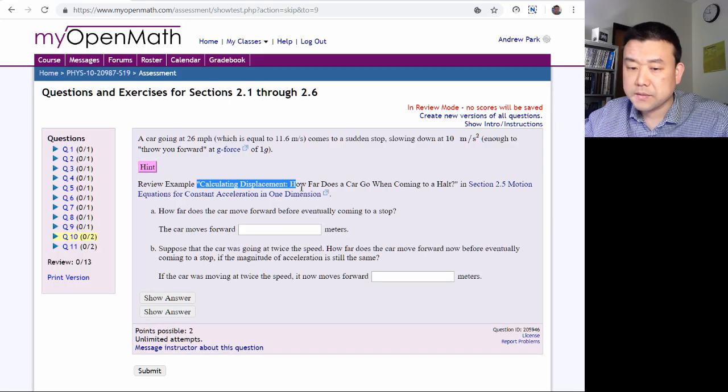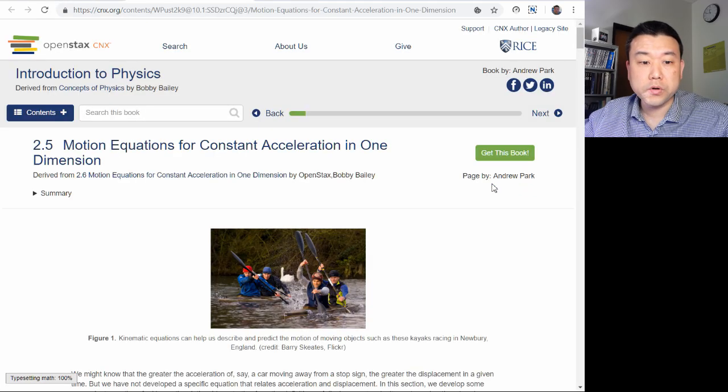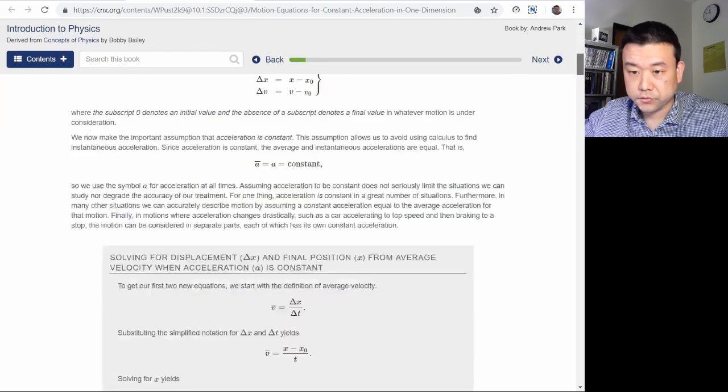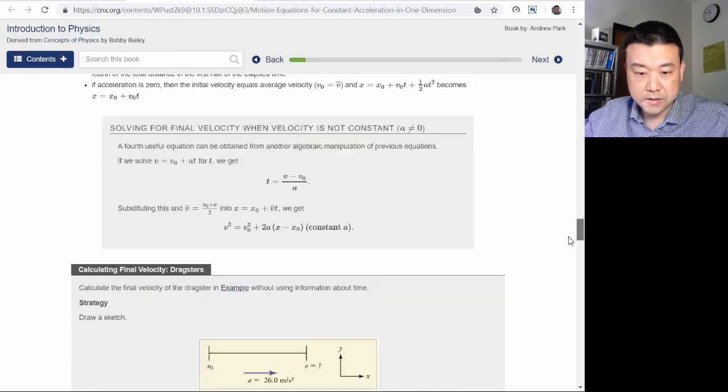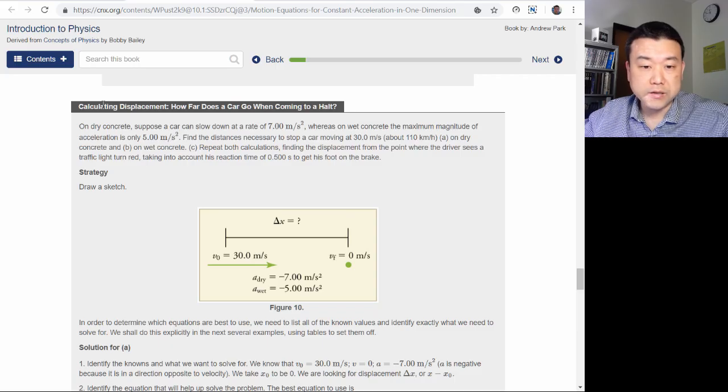And there's an example in the textbook that is a very close match to this question. So in section 2.5, if you scroll down to almost the end, is where the example calculating displacement, how far does a car go when coming to a halt? And it's the exact question.